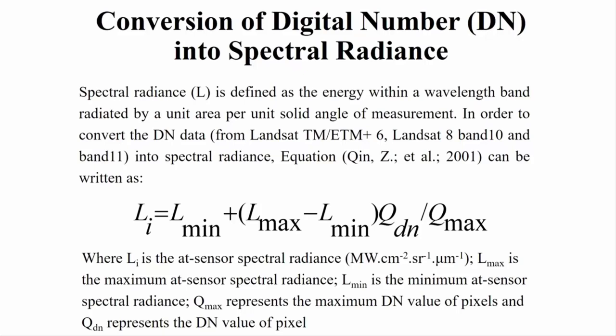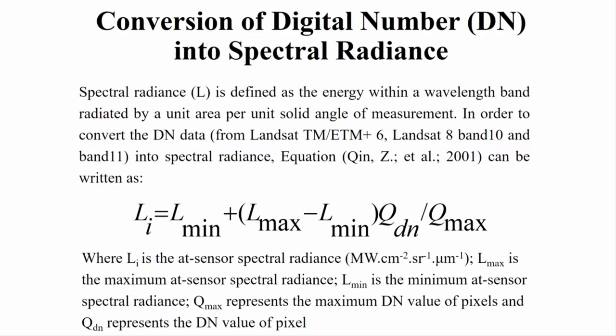Spectral radiance is defined as the energy within a wavelength band radiated by a unit area per unit solid angle of measurement. In order to convert the DN from the Landsat series of data sets into spectral radiance, the formula is given below.